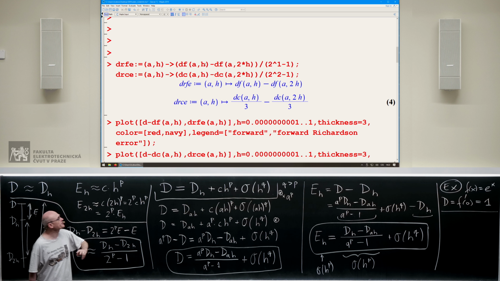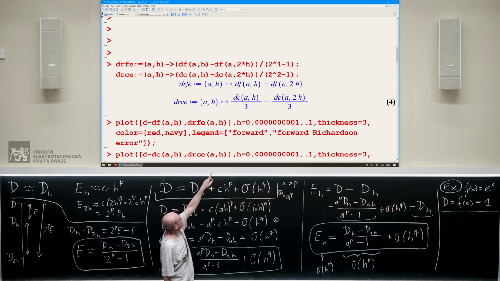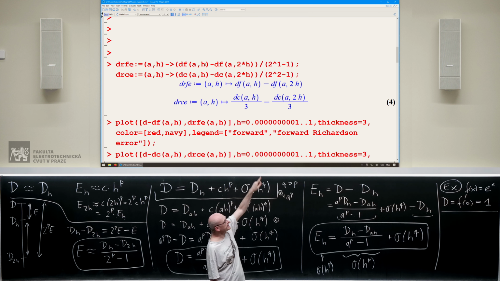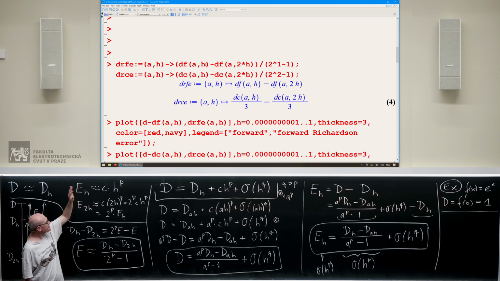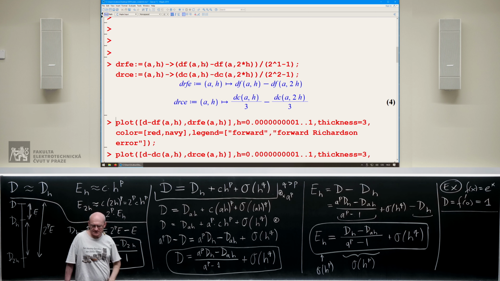There should be division by 3. Do I see it in the second formula? Yes, I'm dividing by 3. And what am I dividing? Experiment with h and experiment with 2h. That's exactly this. So these are error estimations using this formula for the forward and central difference. And now let's compare the actual performance.